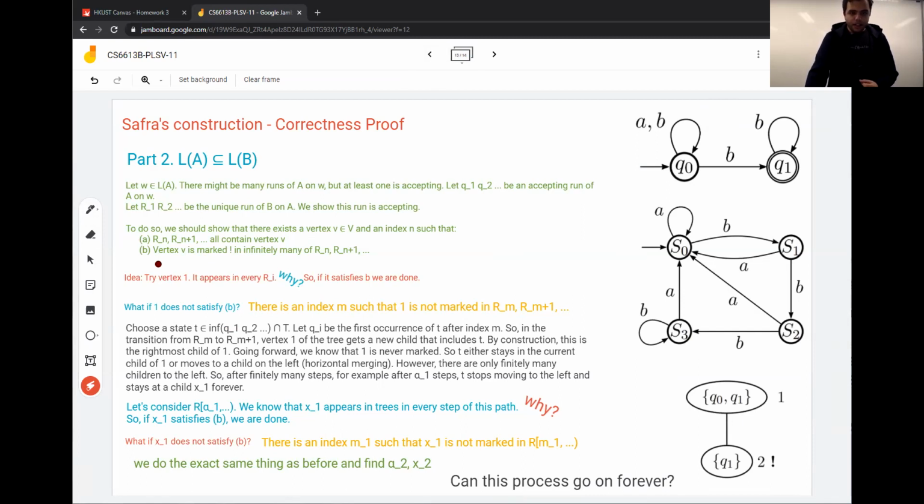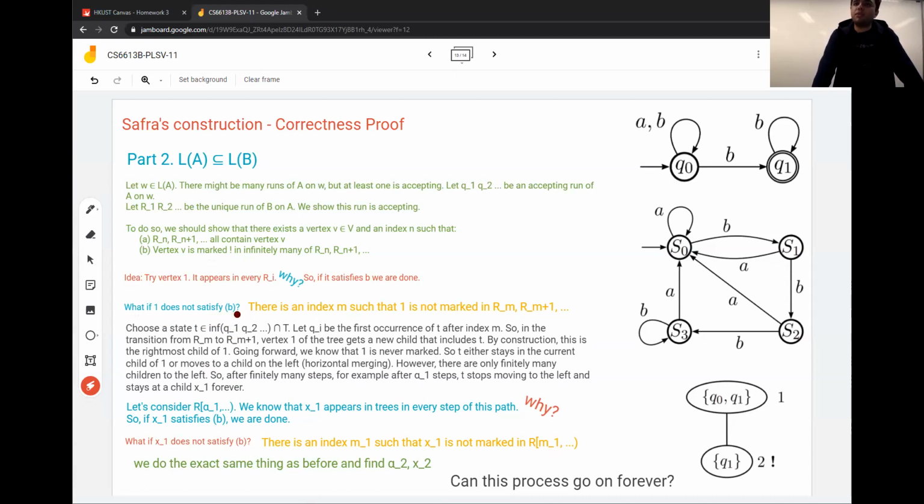Now, if vertex 1 gets marked infinitely many times, then the problem is solved, because then it also satisfies condition B, right?